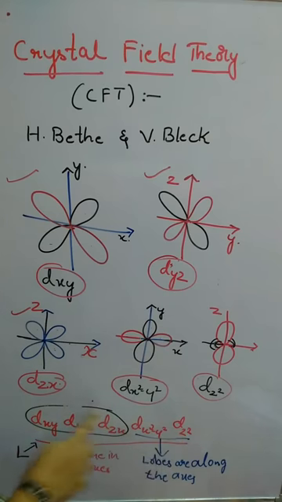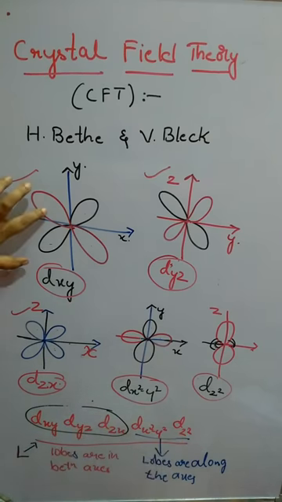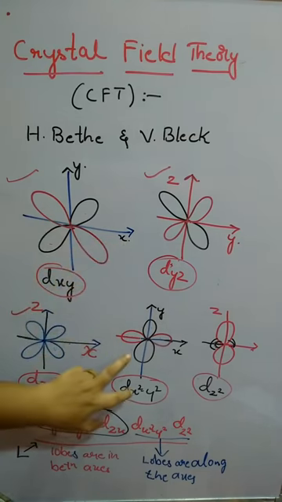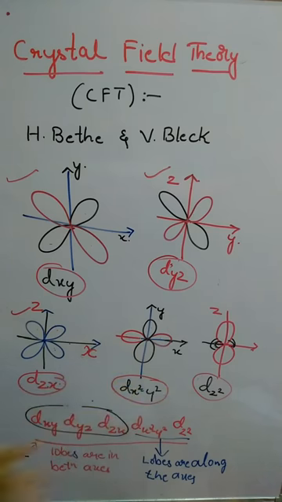So these 3 orbitals, the lobes will lie in between the axes. This is dxy, dyz and dzx. And here you can observe the orbitals will be lying along the axis.